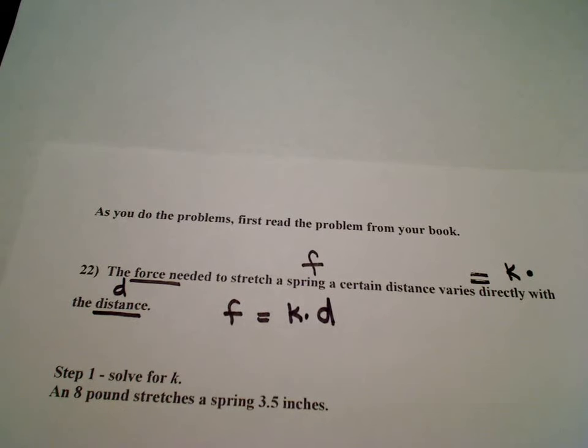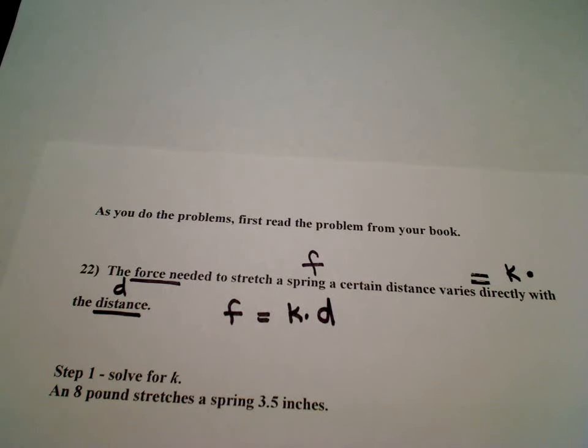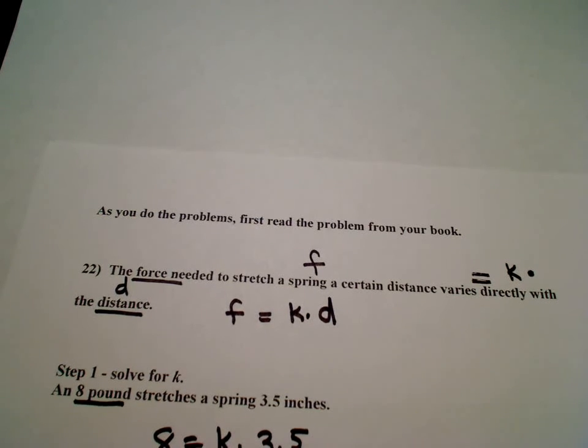Now, with variation problems, it's always going to be 2 steps. The first step is to solve for k. Then once you solve for k, you'll take that answer and use it in step number 2. I know that 8 is the force, k is what I'm looking for, and distance happens to be 3.5.